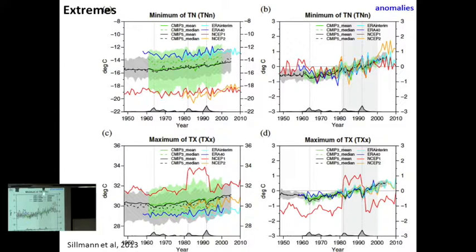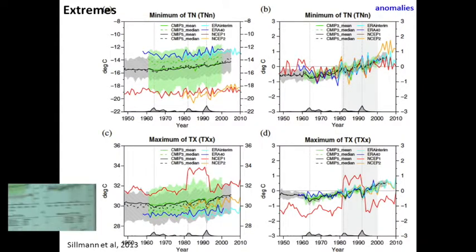But this is for all the globe. There are some papers that analyze each region, but here I'm showing the results for all the globe, only to give some feeling of what is happening. And the maximum, for example, the reanalysis of NCEP is doing some silly thing here.